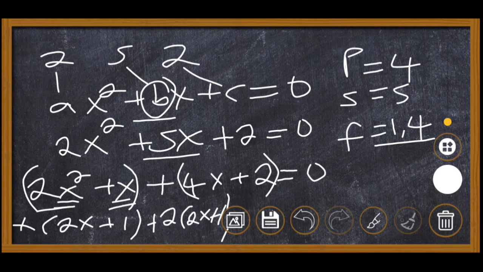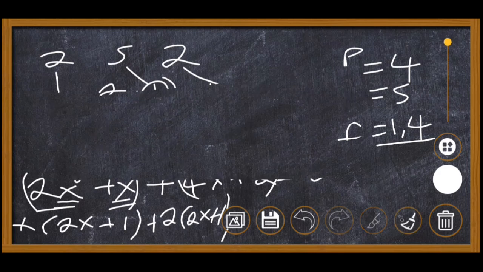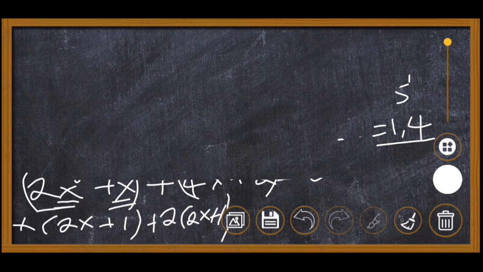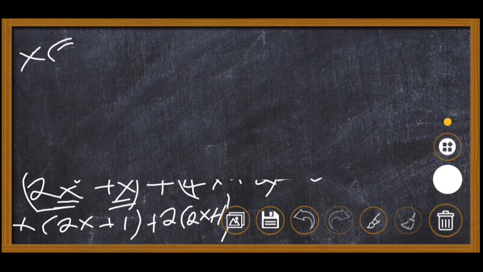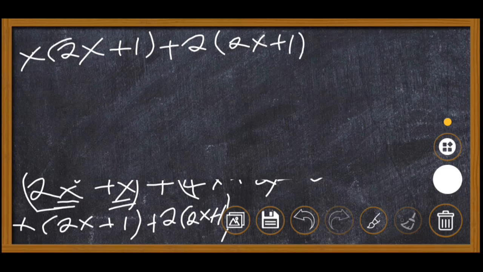So let me just wrap this top part here, since we have already manipulated that one. We are going to have x outside. Let me just rewrite this. So we have this, and here we had 2, and then here we have 2x plus 1. Okay, that's what we have.